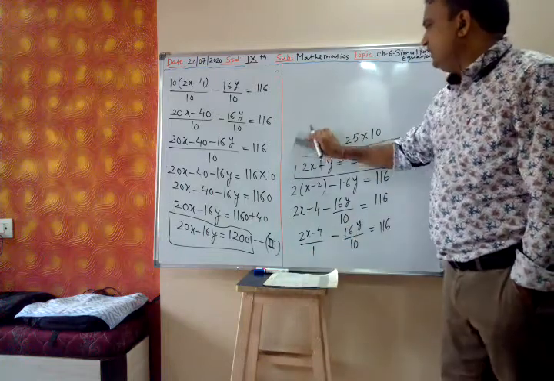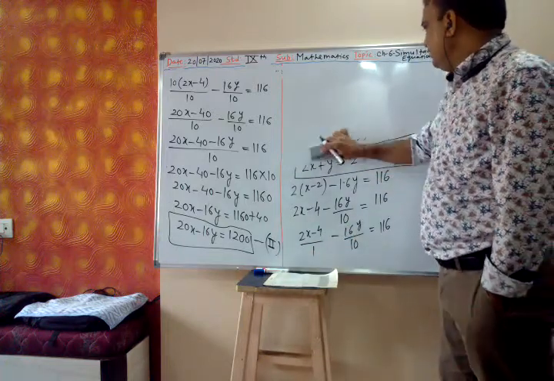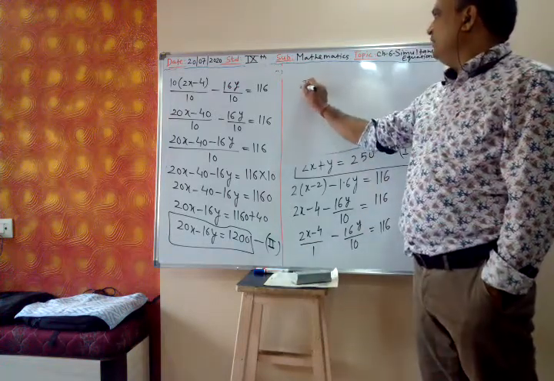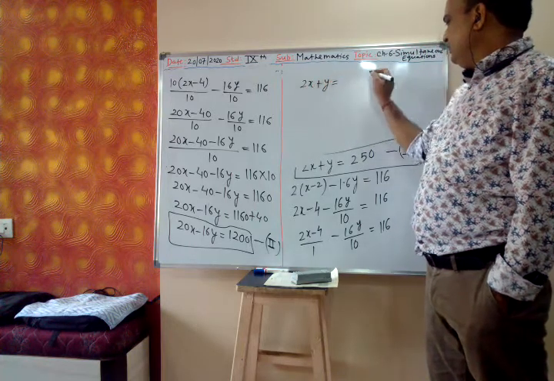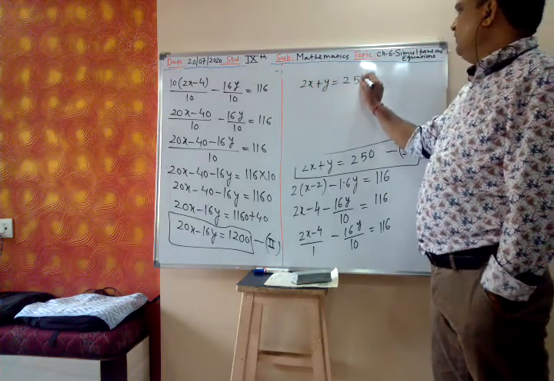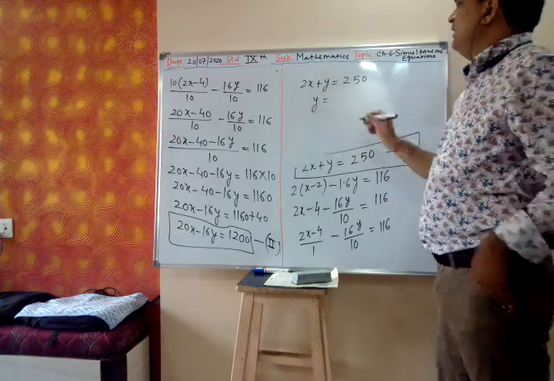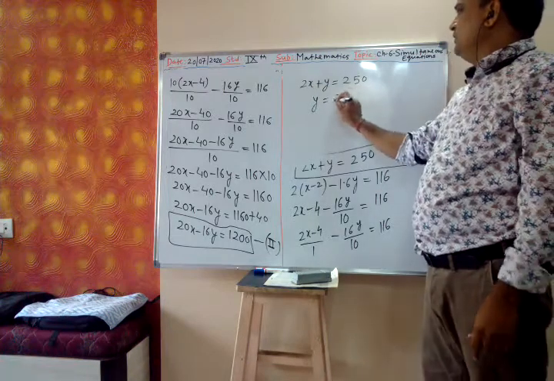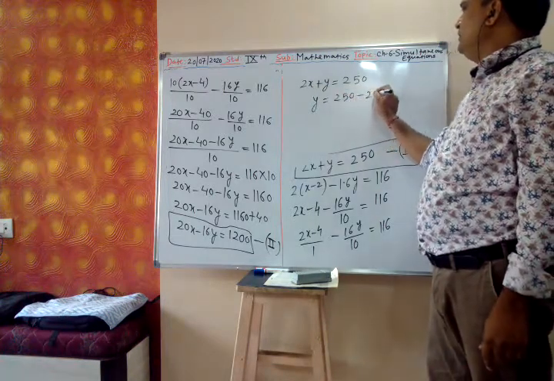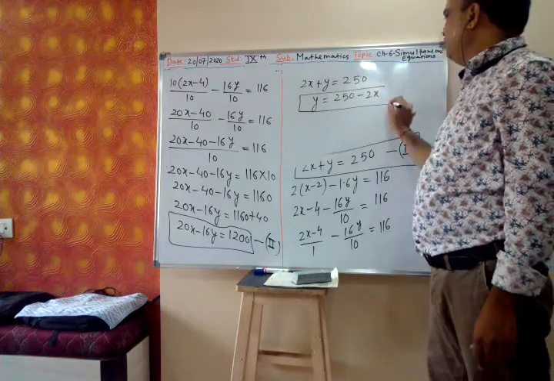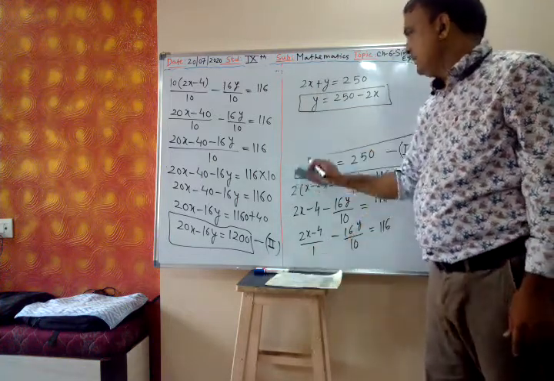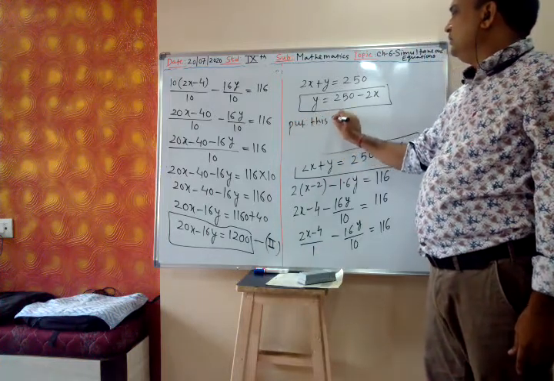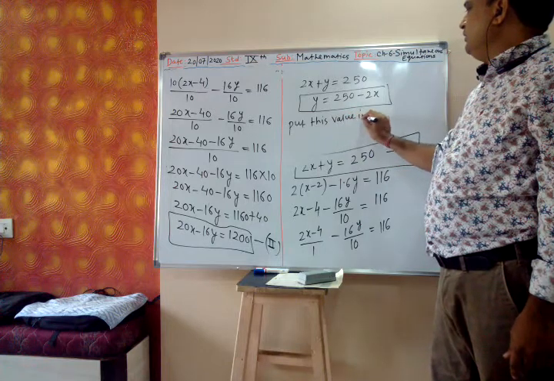Equation 1 is 2x plus y is equal to 250. I will eliminate y. So y is equal to 250 minus 2x. And this value I will substitute in equation 2. Put this value in equation 2.